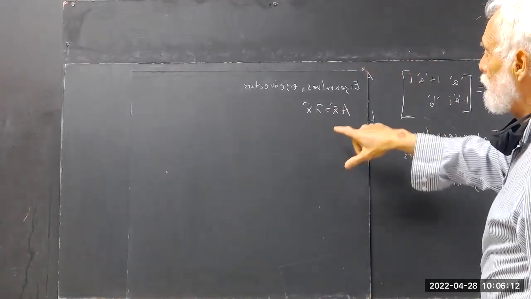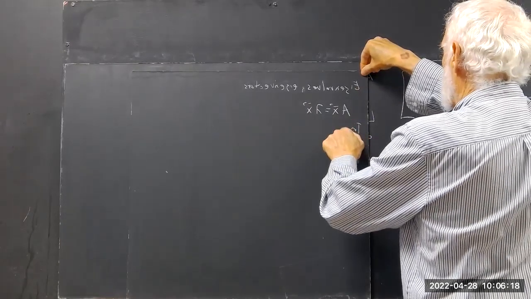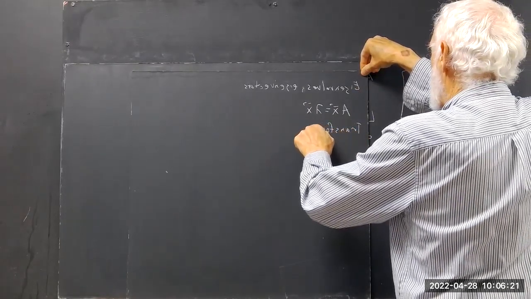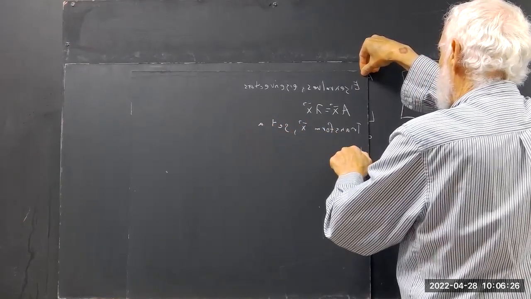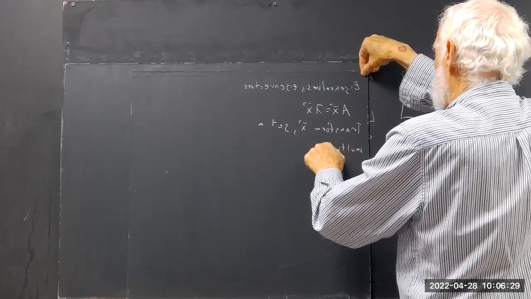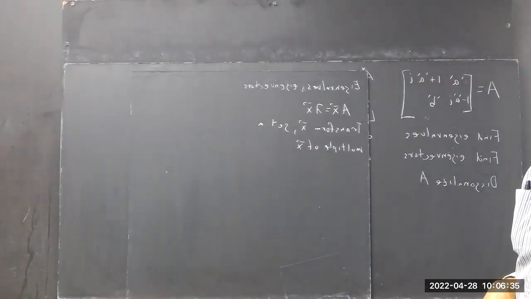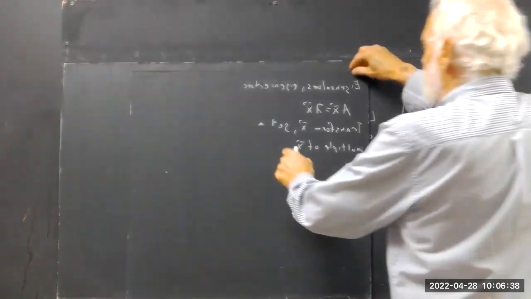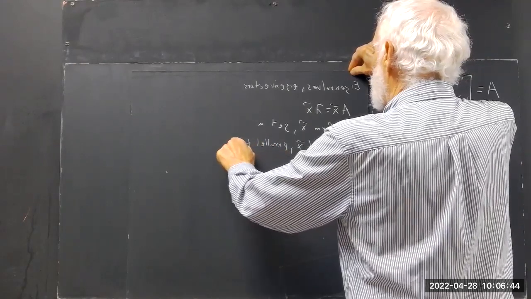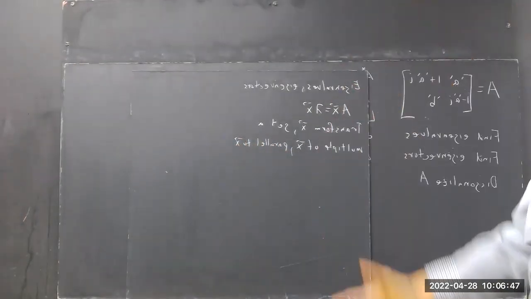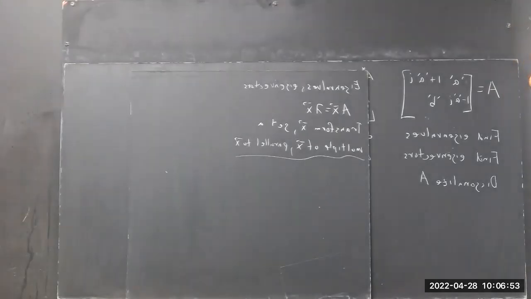AX equals lambda X. It's an X such that when you transform X, you get a multiple of X, parallel to X, staying in the same subspace. All that stuff, symmetrically and in many other ways, it's really important.